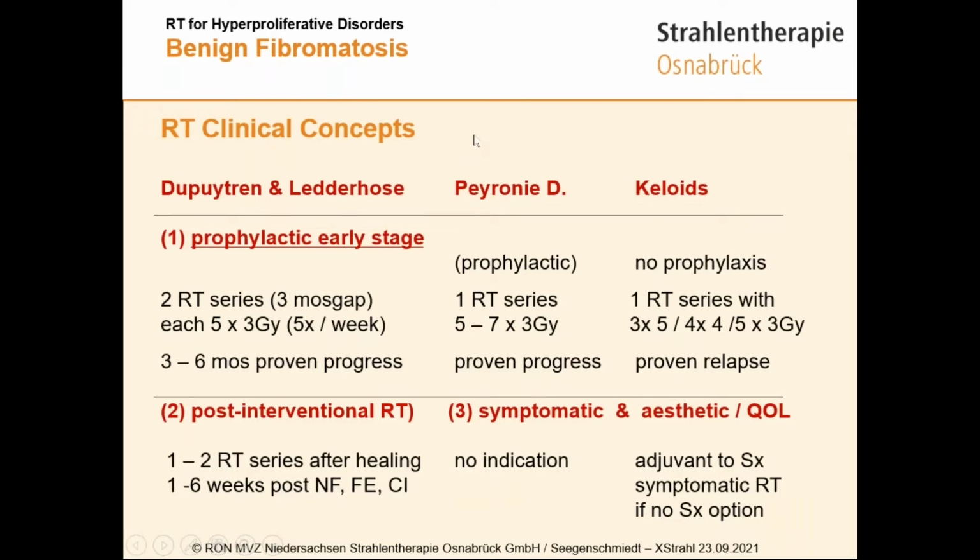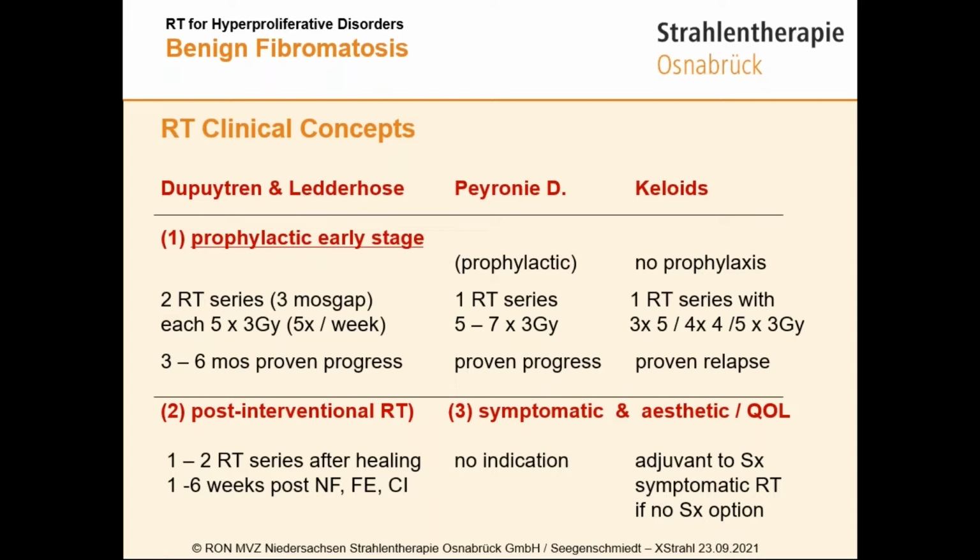Regarding the clinical concepts used for the 4 different indications we address in this symposium, there are 3 major concepts. First of all, the prophylactic early stage radiotherapy, where Dupuytren and Ledderhose patients have not been operated, but the early intervention allows to prevent surgery at all or delay the whole treatment process for years or decades.